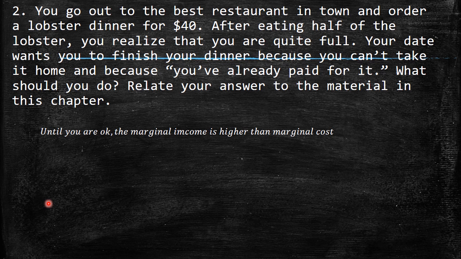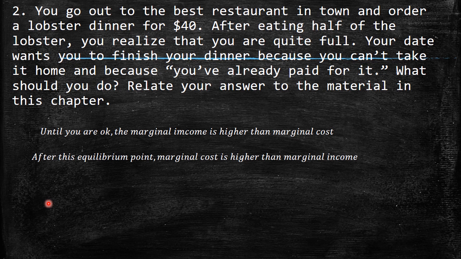So then, the idea is that until some point, we can say, between quotation marks, that the marginal income, so your utility, is higher than the marginal cost. It means that the cost of eating one spoon or one additional portion of food is better than the cost of feeling kind of full.